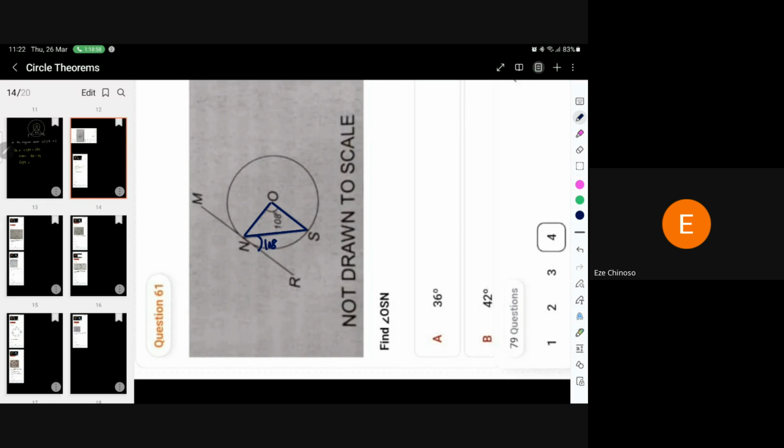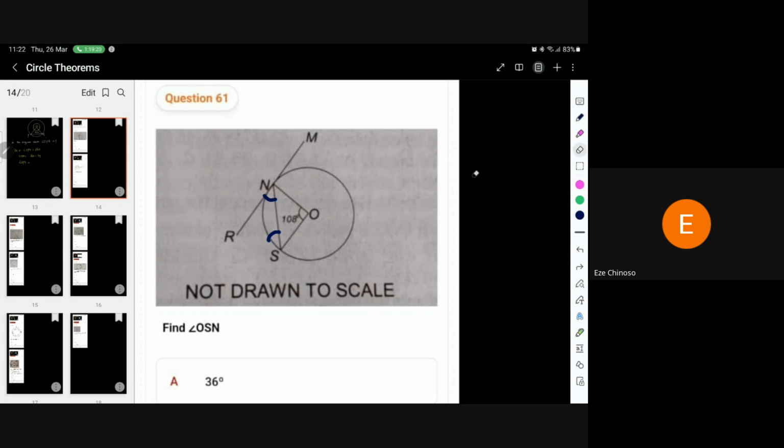So now, let's draw a line this way to this place. Are you sure they're not asking us about ONS, or is it the other way around? Let me rotate back again. If I rotate back again, this is exactly what I'm going to have. And they said I should find OSN.